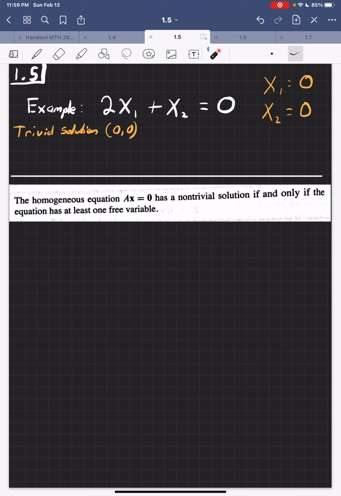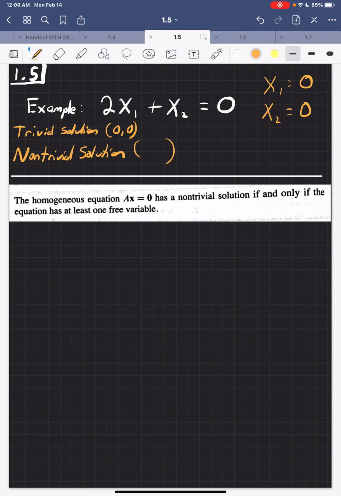And it's trivial because if you add up a bunch of zeros, you will get 0. The real question that we're asking about the solutions to this equation in linear algebra is, are there any non-trivial solutions? That's what we're interested in.